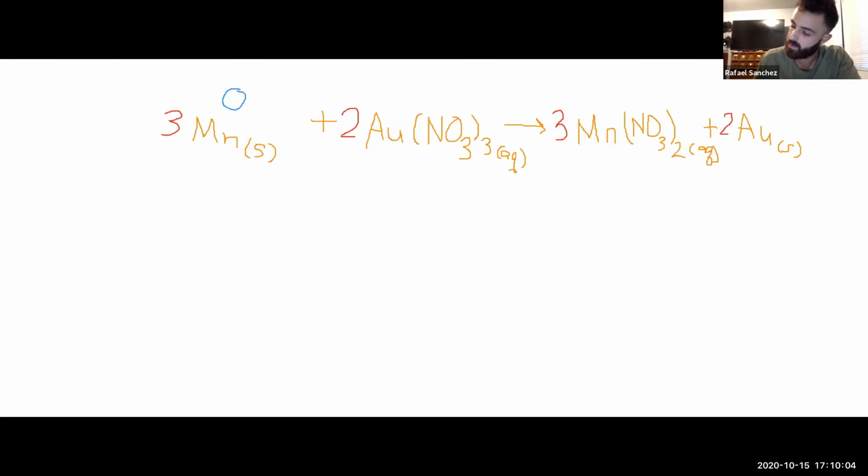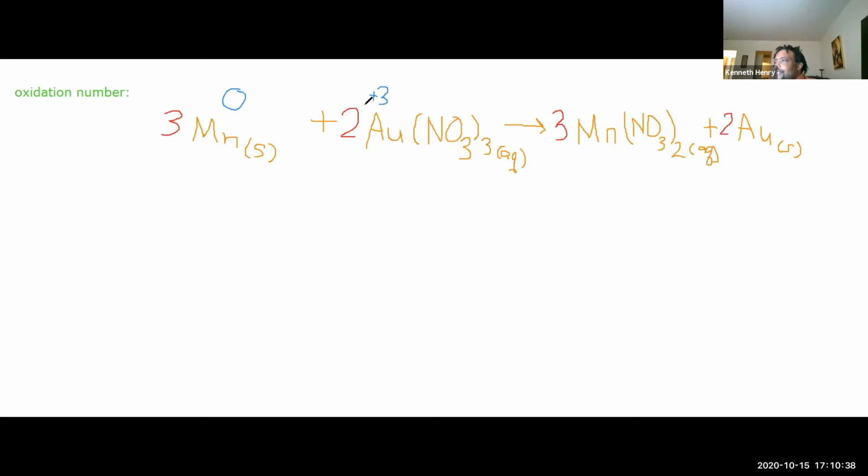So AU would be 3 plus, because the oxidation number of an ion will be the charge on that ion.